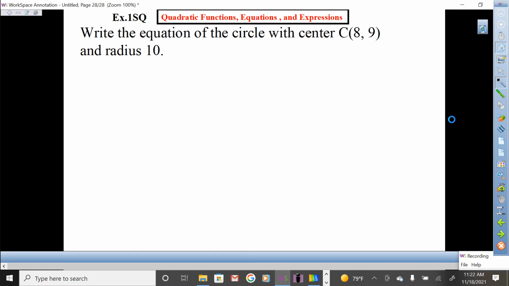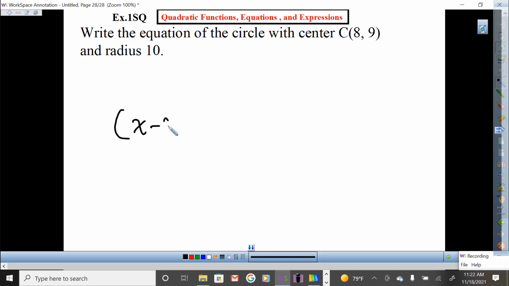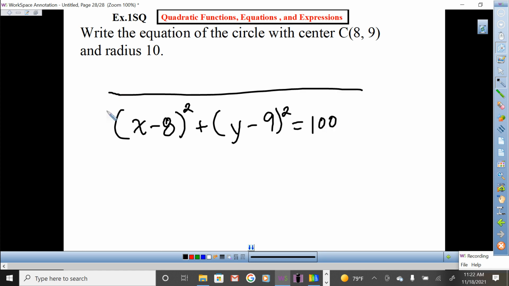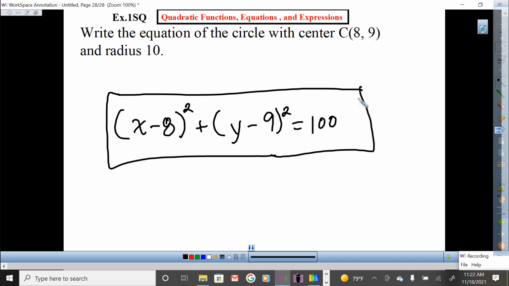We got it, yes? All right. So let's see, what's our equation? Yeah, Lexi. Oh, minus 9, not bad. Minus 9. 100. Hands, have you got that?